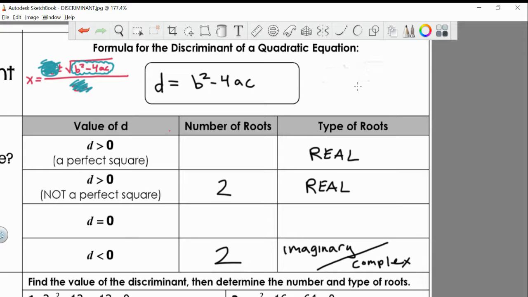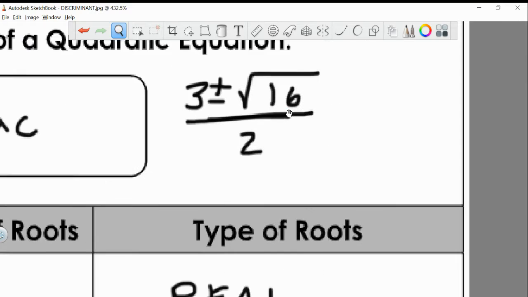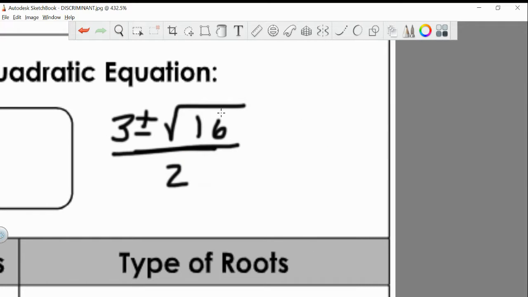Go ahead and erase this. Now, what we haven't seen is what happens if we have a perfect square as our discriminant, right? What happens if we have, and I'm just making up a question here, 3 plus or minus square root of 16 over 2. Again, I'm just making this up. What happens here? Well, what's the square root of 16?